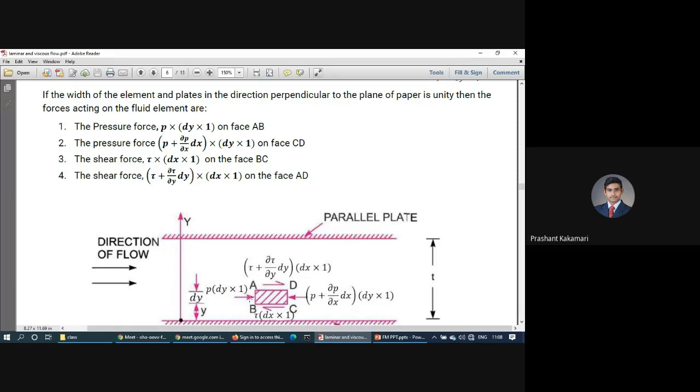This elementary fluid, you can keep in mind, is rectangular in shape. That's why they have taken height into width; width may be 1, height may be dy. But in the circular pipe, they took dr, the radius, into the periphery of that circle.